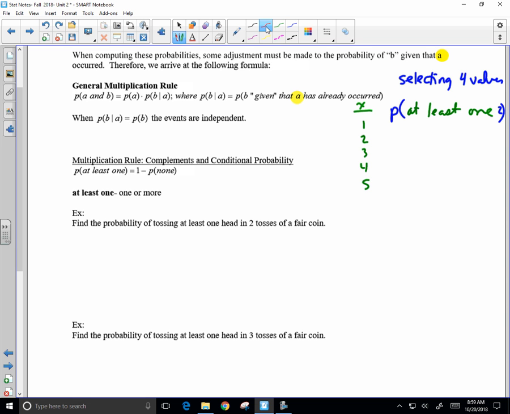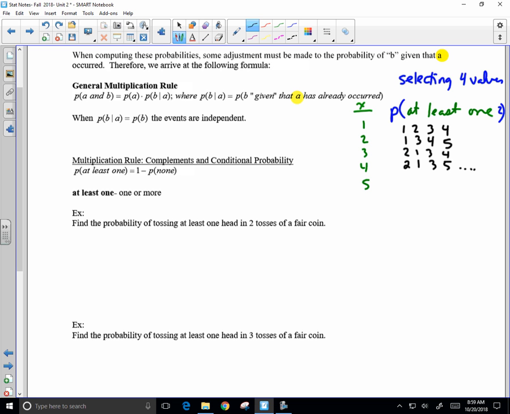It would be saying, all right, I'm selecting 4 of these numbers at random. One 4-number selection could be this: 1, 2, 3, 4. Maybe it could be 1, 3, 4, 5. Maybe it's 2, 1, 3, 4. Maybe it's 2, 1, 3, 5, and so on.